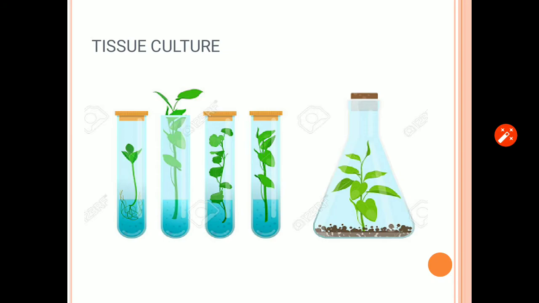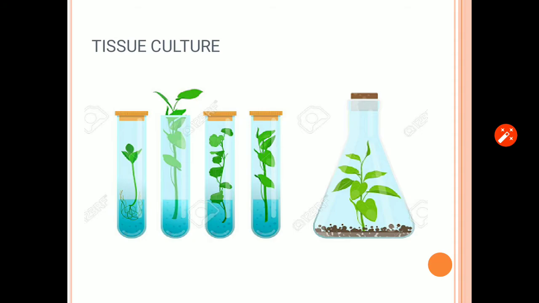If I want to get the exact features of a parental plant in the new organism, in a very short duration of time, and in millions of copies, then we can proceed for tissue culture or micropropagation.